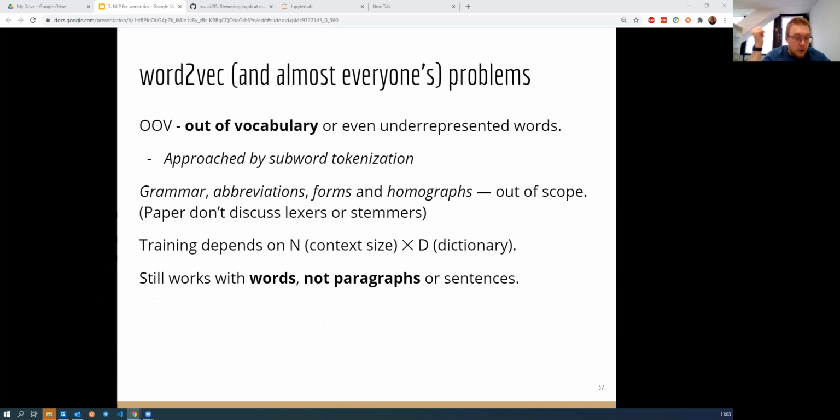There are some problems with this kind of model which you should remember when you address semantics through vector representation. First of all, the general problem, which is still addressed in the models, is the out of vocabulary problem.